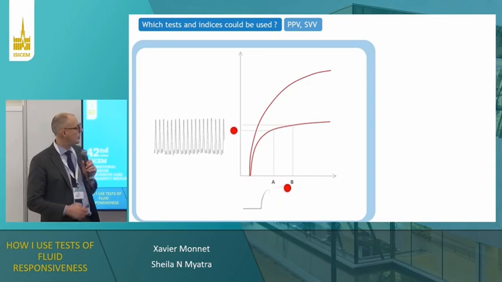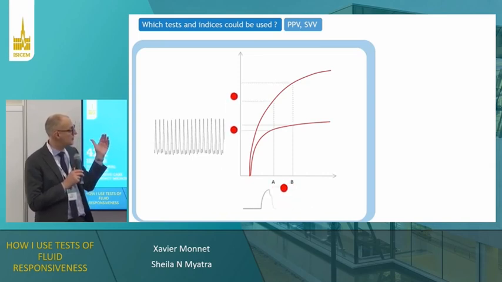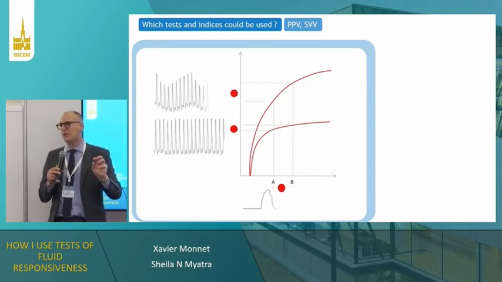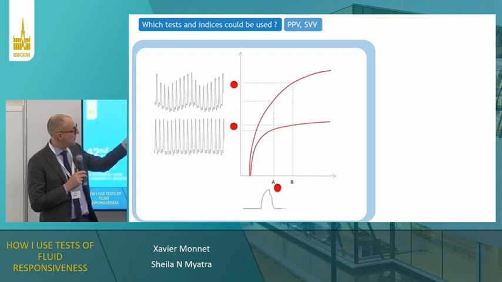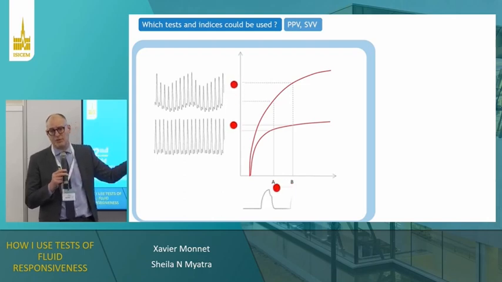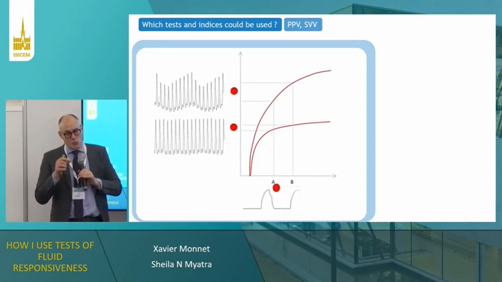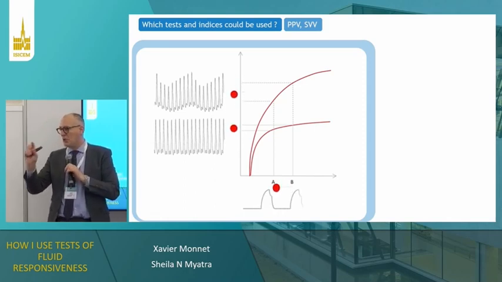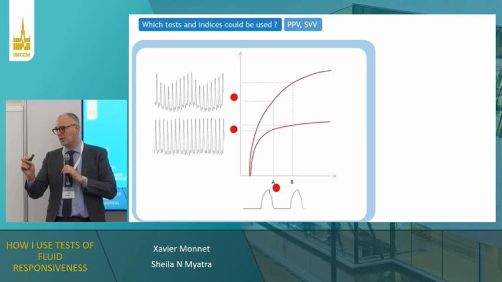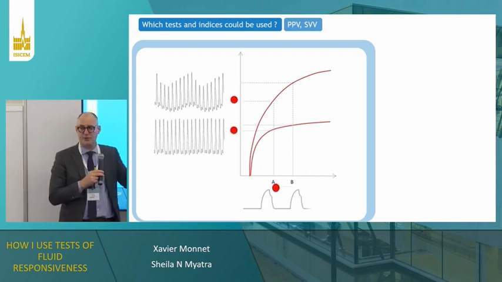And if pulse pressure changes to a large extent, and we have many studies that tell us the real threshold, 15%, then you know that it is positive. So you see it's easy to understand in this way. It's purely related to preload responsiveness, to the slope of the curve.